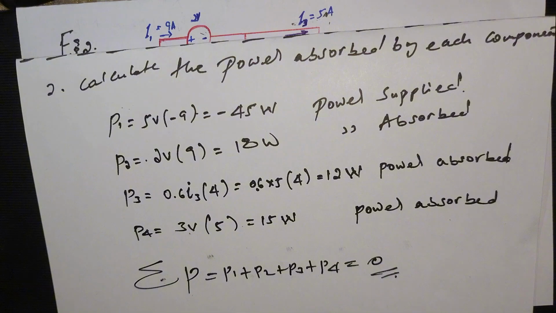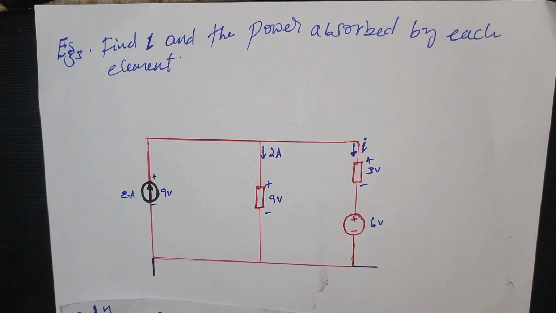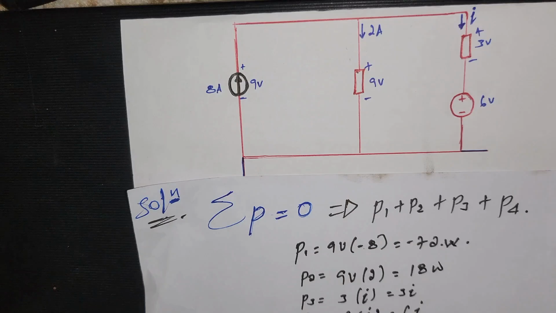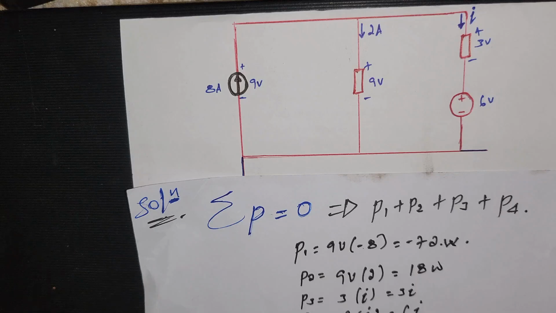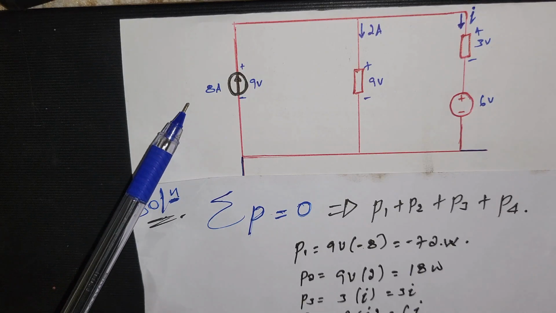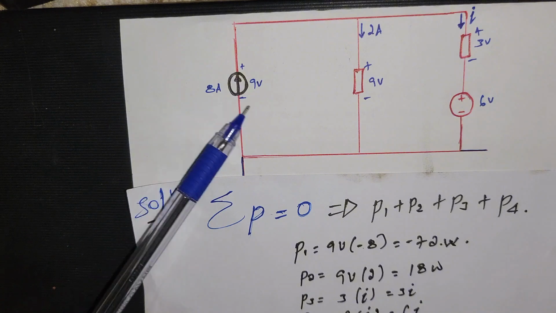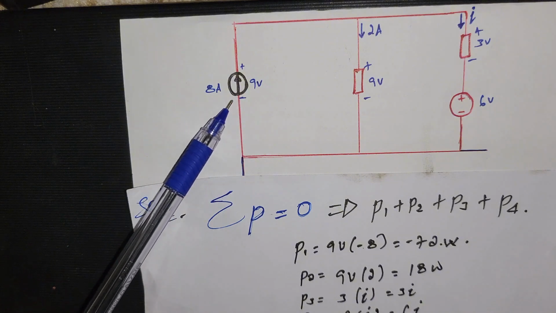Let's proceed to the next example, the third example. For the third problem, we are asked to calculate the power absorbed by each component. For P1, it's given that the current is 8 ampere and 9 volt.